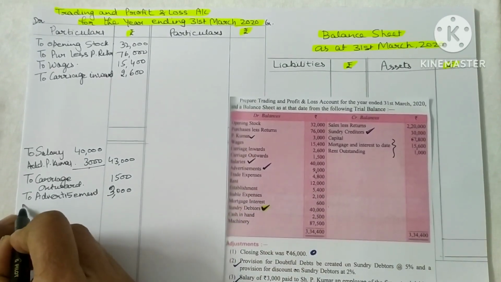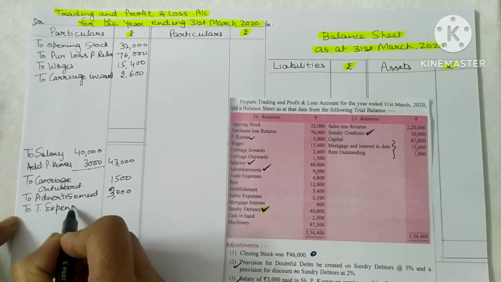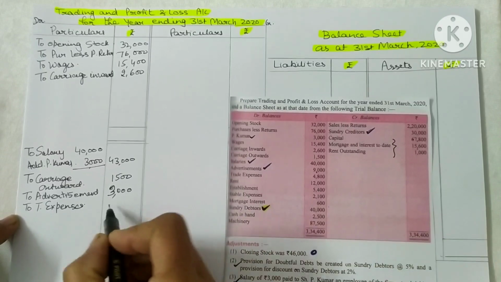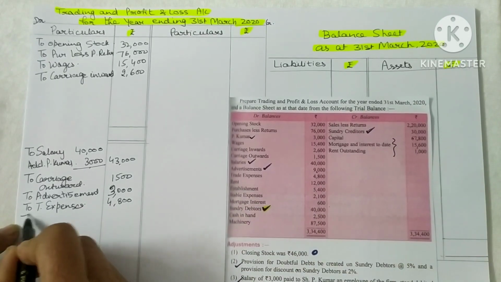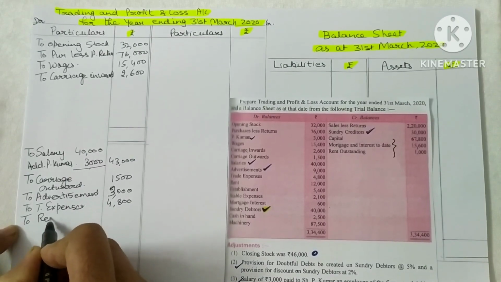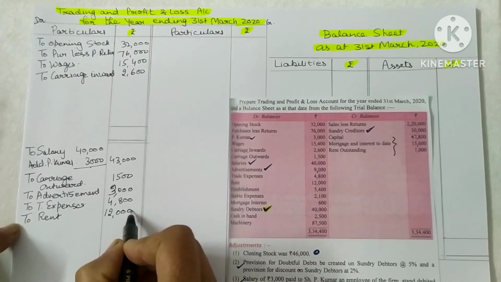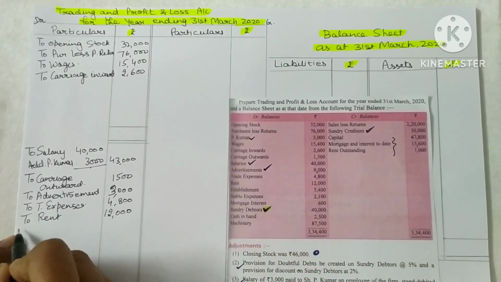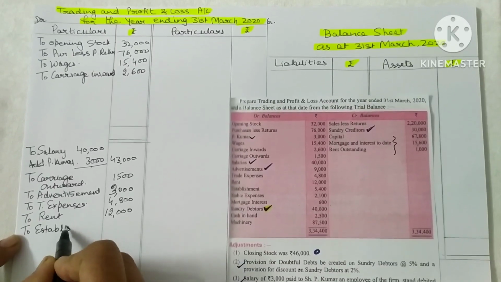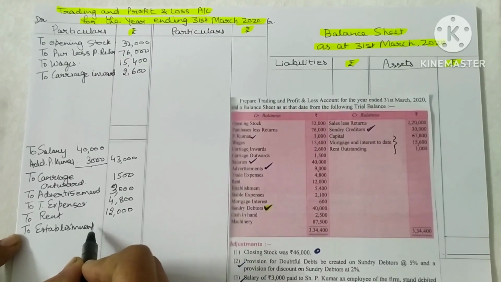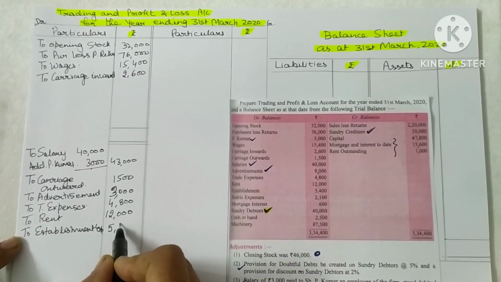Next is trade expenses in the P&L account, 4,800. Next, rent in P&L, 12,000. Establishment expenses in P&L, 5,400.